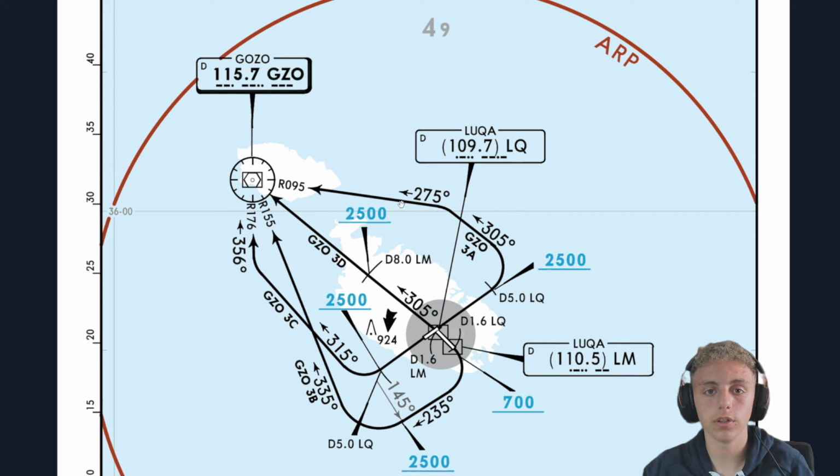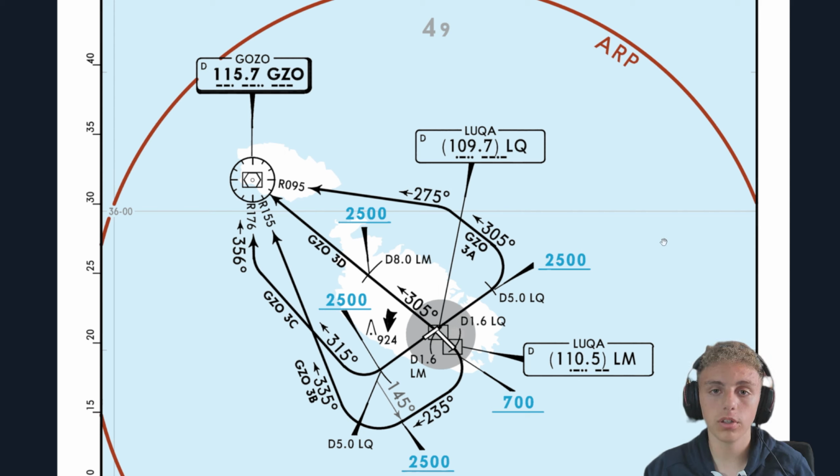If it's a sandwich, with a line above, which we will see in Heathrow, you have to be at that specific altitude at that time. And if it's just a line above, you have to be below that altitude at that time.